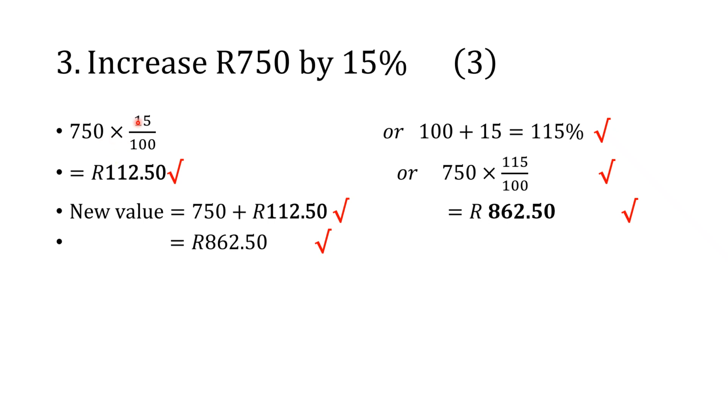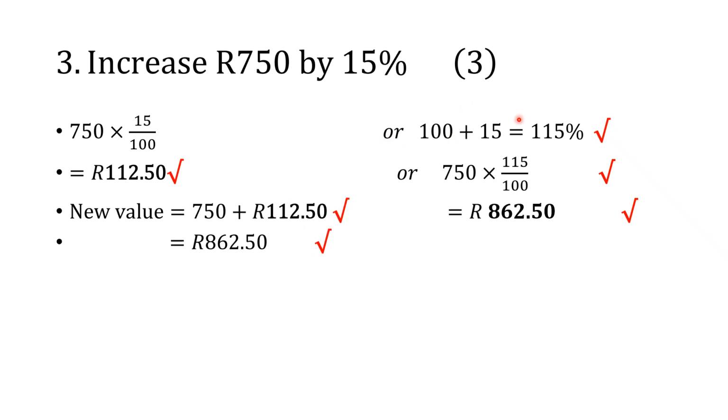So 750 times 15 over 100 gives me 112 Rand 50. So my new value would be the 750 plus the 112 Rand 50, which gives me 862 Rand 50 cents. 1 mark for getting what's 15% of 750, another mark for adding the two values and getting the correct answer.